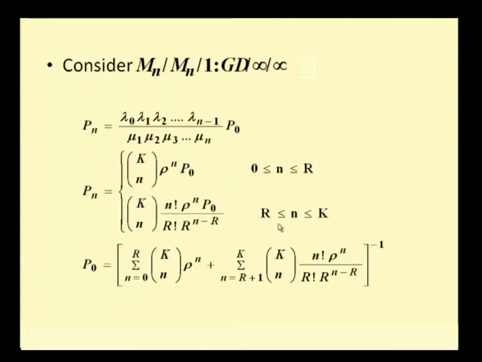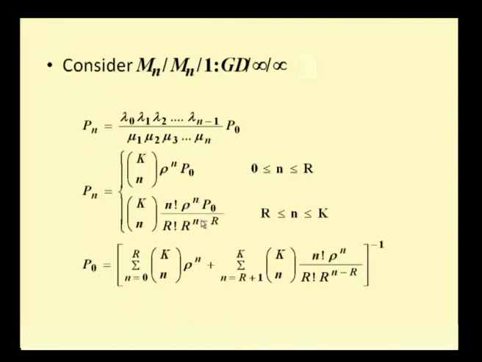Also, in the case when n lies between capital R and k, we have the expression for Pn to be Kcn n factorial rho power n by r factorial into r power n minus r, into P naught. Now, as usual, we have to find the probability P naught.